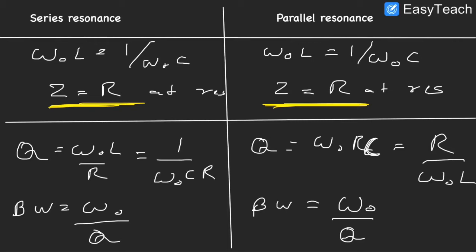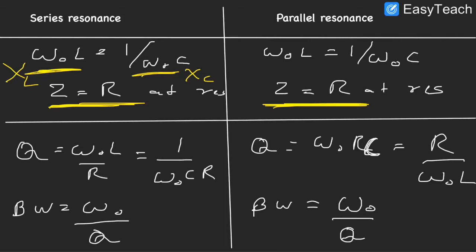So all the opposition you have in the circuit is from the resistor. This case is the same whether it's a series resonance or a parallel resonance.